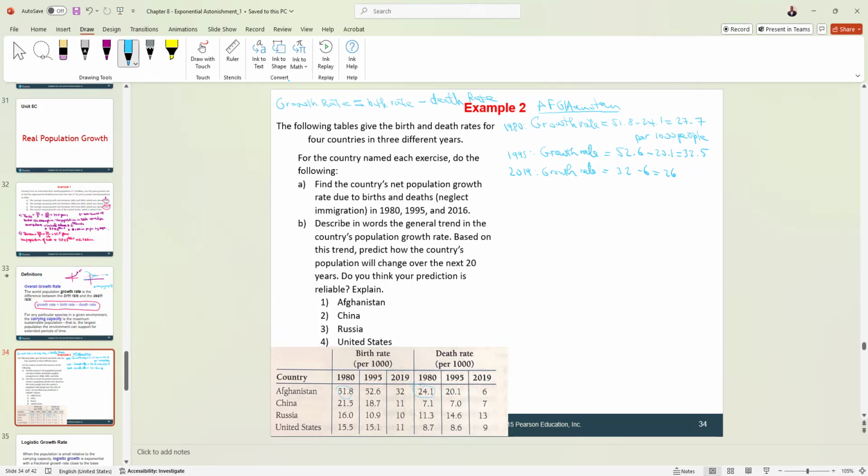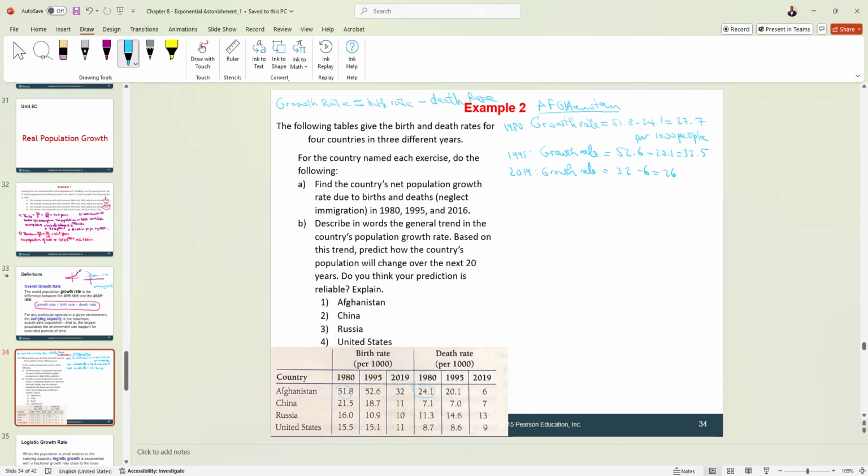Okay. So I take one example because we said for the following, find the country's net population growth due to births and deaths. So let's do only Afghanistan for now, because remember we said do it for Afghanistan, China, Russia, and United States.